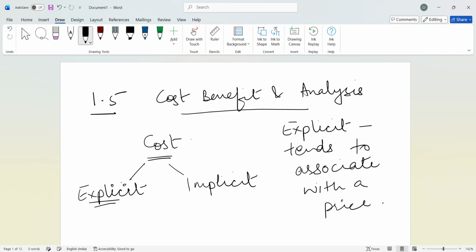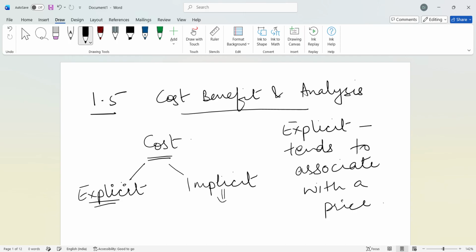So if I say, all the tangible objects that can have a price, right? So let's say for a business, if I need a raw material, if I need labor, if I need any kind of cloth, if I need a yarn, if I need a machinery, all these costs associated, all these costs are called, or they come under what we call as explicit cost. You can very easily identify them. You can very easily see these are the costs that are involved in a business. So those are called your explicit cost.